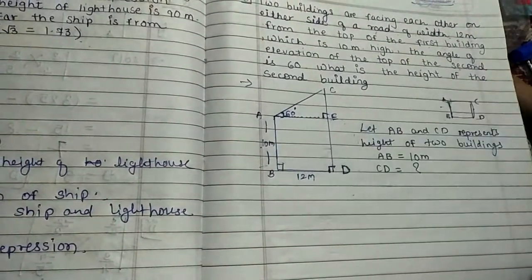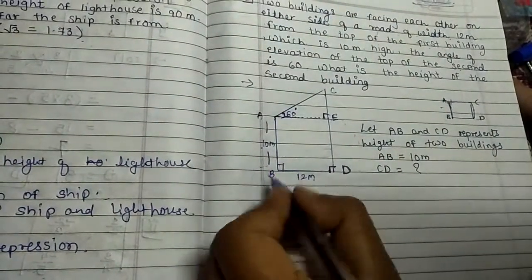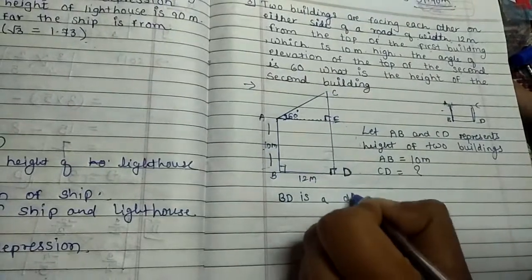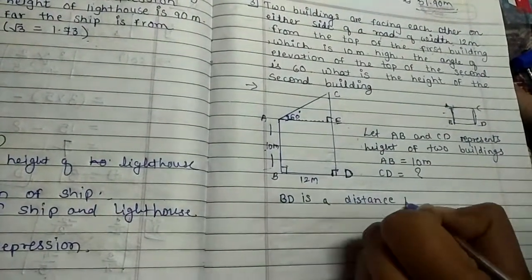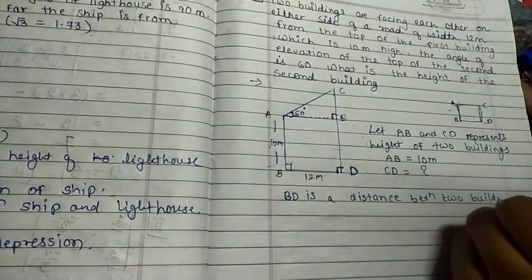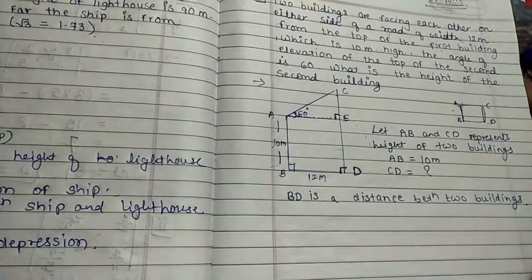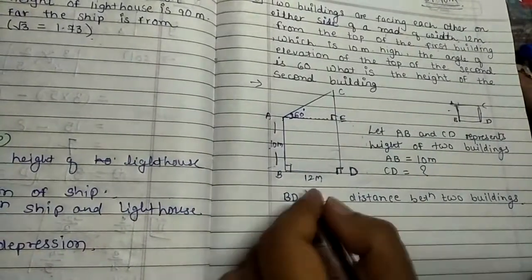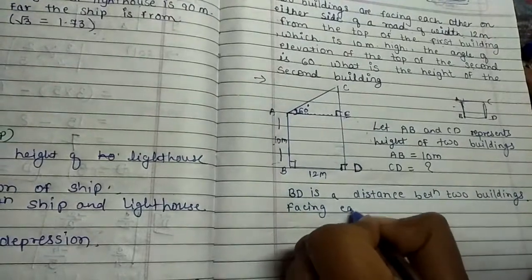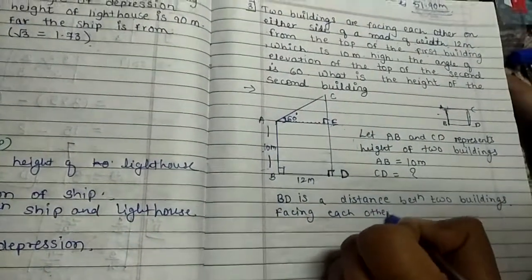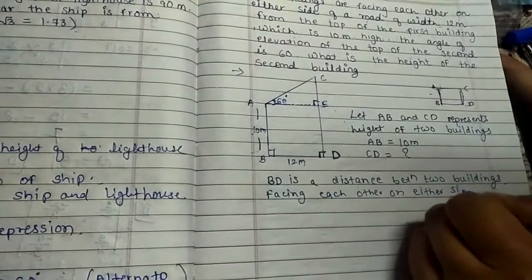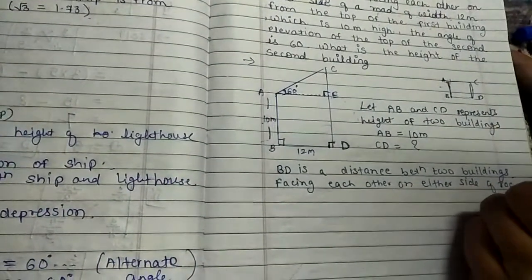So here we say that BD is the distance between the two buildings facing each other on either side of the road.